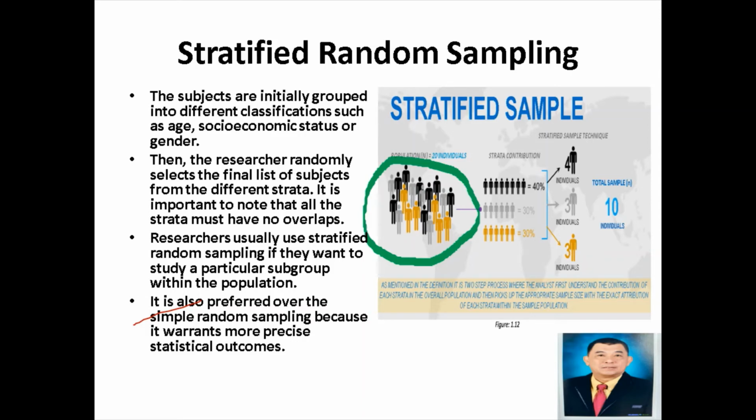Let's take an example of this one. Let's say we want to study the different race and ethnic groups in the United States. So, the population could be a combination of Native Americans, Asian Americans, African Americans, and Hispanic Americans.